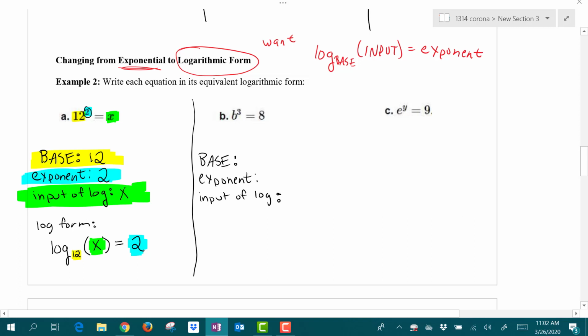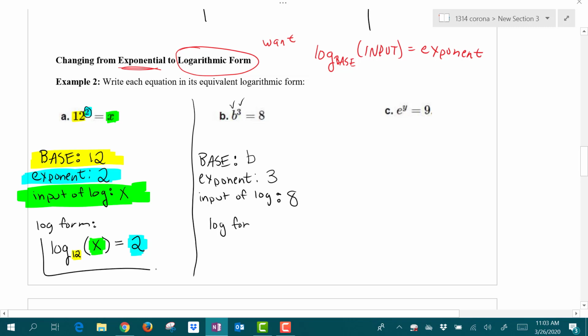It's the small, tiny number to the upper right of something else, so that would be 3. What is directly in front of that exponent will be the base, so that's b. And the last thing is the input of the log, which might be hard to figure out. Well, you've already identified the base and the exponent, so the only thing left over that you haven't identified yet is 8. So that must be the input of the log.